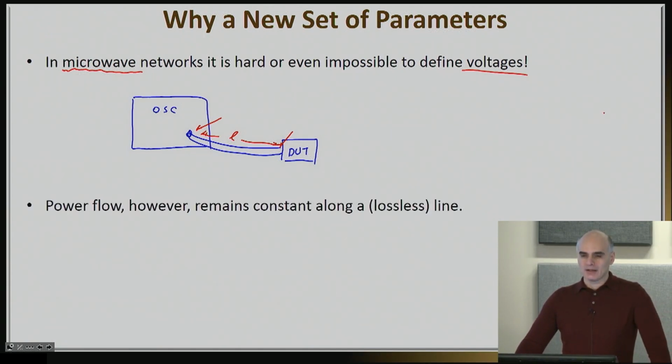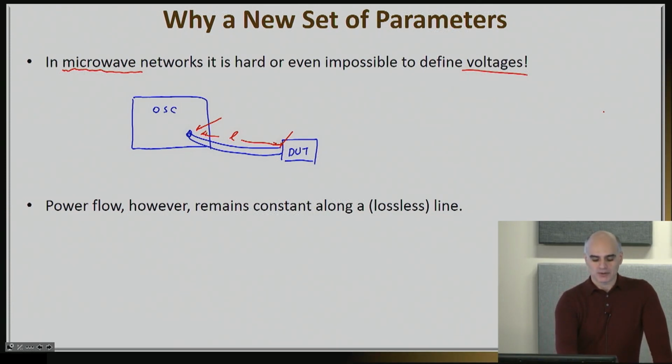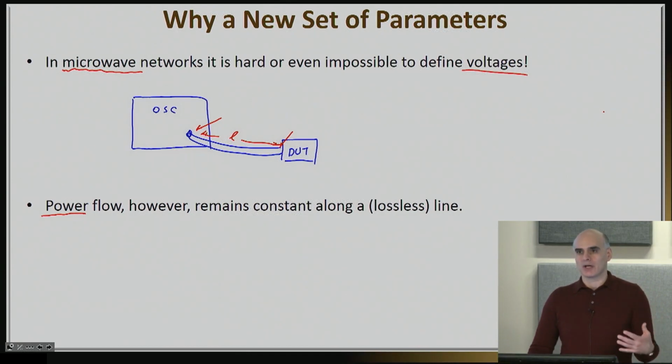The other thing that we have in microwave networks, the other card we can play, is power. The great thing about power is that if you can envision a power flow along a transmission line, that power flow remains primarily constant, which of course is true only on a lossless network, but also approximately true on a low loss network.